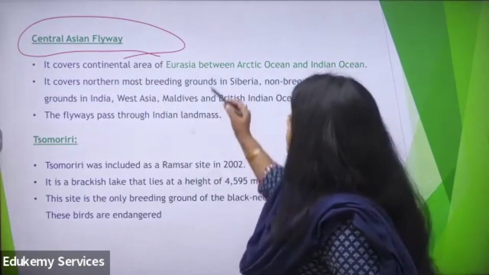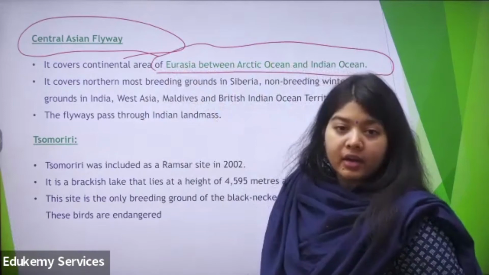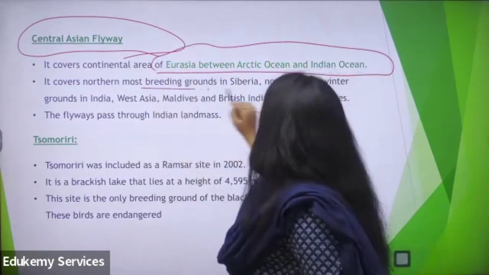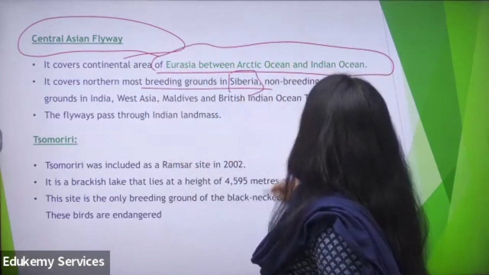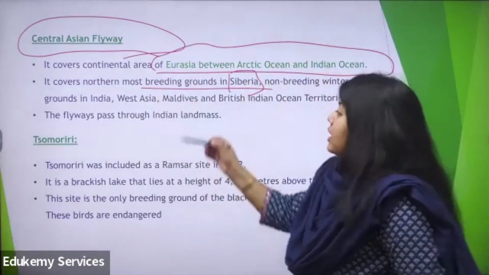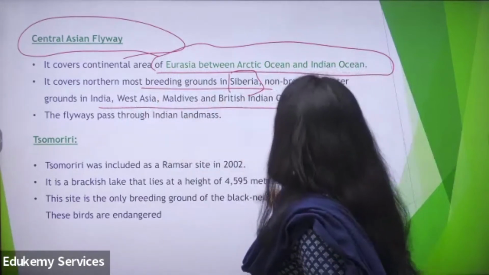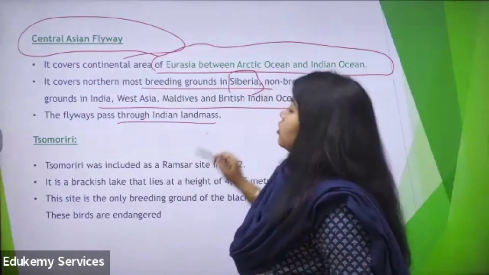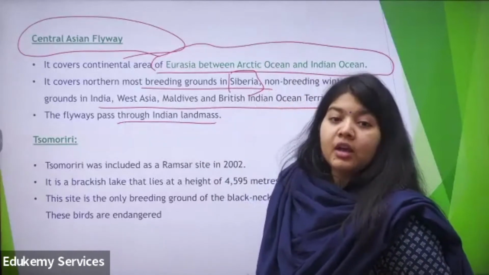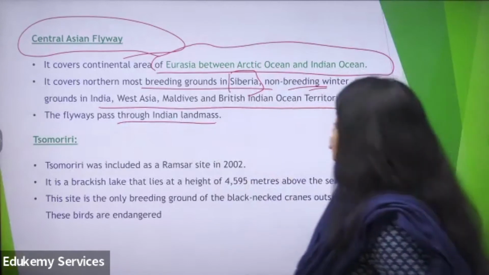So it covers continental areas between the Arctic Ocean and the Indian Ocean. The northernmost breeding grounds are in Siberia, and these birds start migrating towards India, West Asia, Maldives, British Indian Ocean Territories, and they pass through the Indian landmass, especially in the non-breeding winter season.